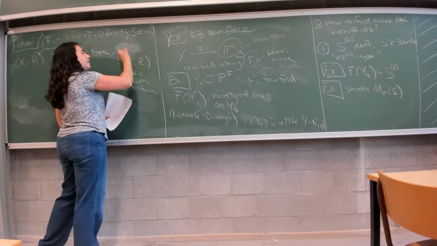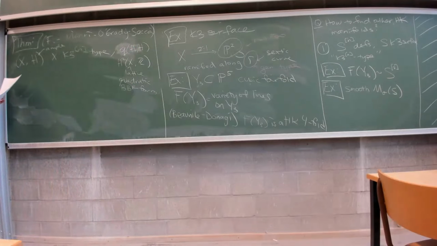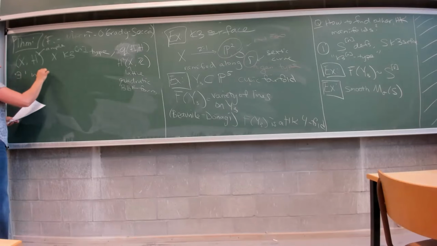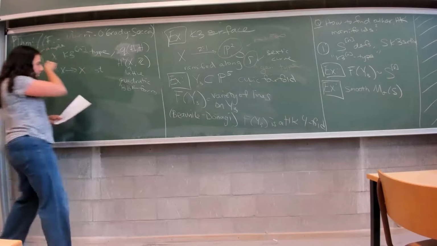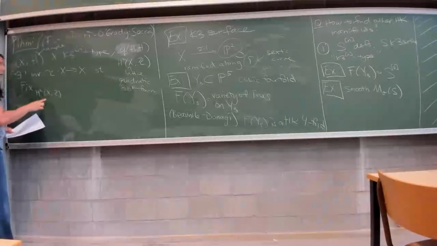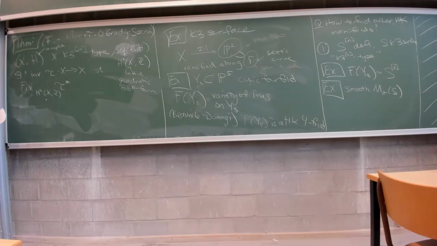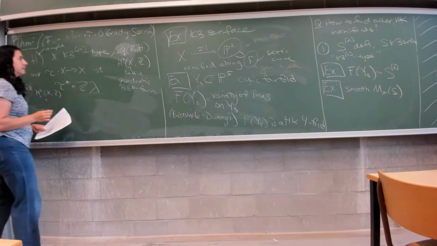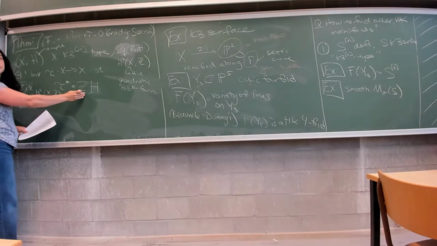When I say H squared, I just mean the quadratic form of H paired with H. And the theorem says that there exists a unique involution, which I'll call tau, from X to X, such that if I look at what this involution does on the second integral cohomology, tau star acting on it, the fixed locus of that is just H. So there's an involution defined by this property.